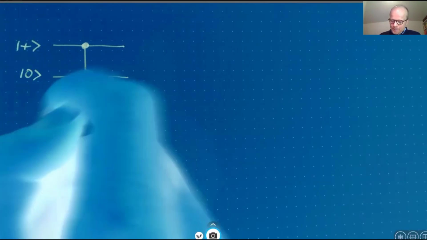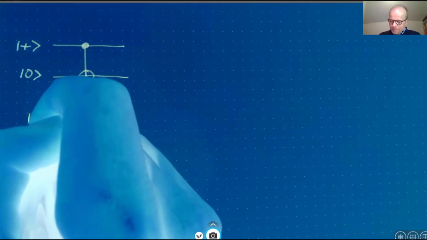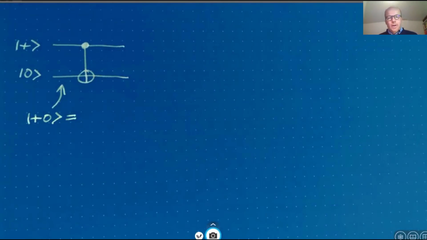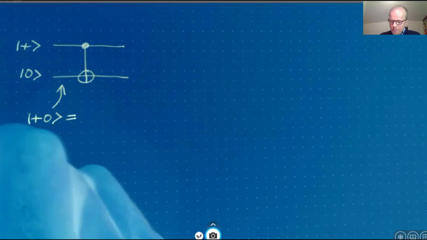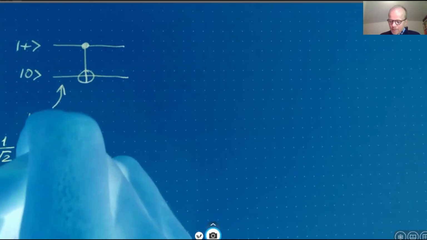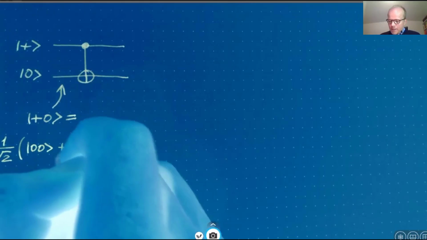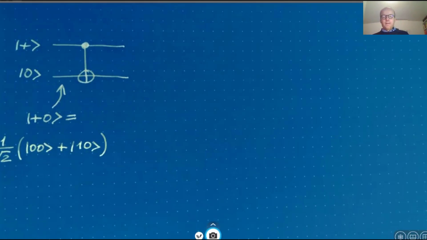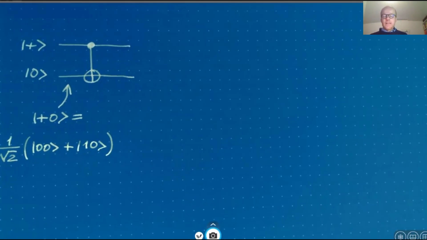So we have this product state, plus 0, and if I write the plus state as a superposition, then this is equal to 1 over square root of 2, 0, 0, plus 1, 0. So this is the 2-qubit state going in.